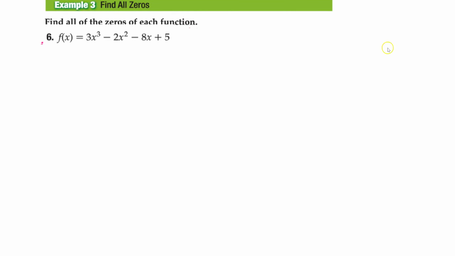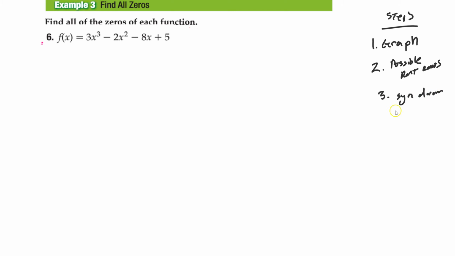So remember, let's review the steps. If I want to find all the zeros of these functions, step 1, graph it. You can do it without graphing it, but it's a lot of guessing. Now again, if it graphs nicely, then you're done. Those are your answers. But if it doesn't, then you got to do the possible rational roots. And then we're going to do synthetic division on those possible rational roots until we get to x squared.